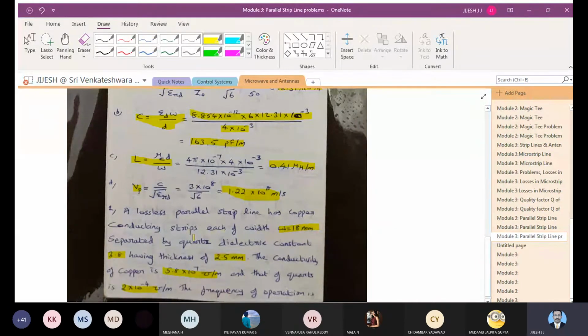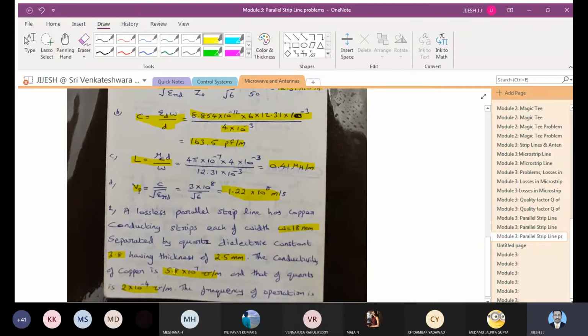A lossless parallel strip line has copper conducting strips, each of width W equal to 18 mm, separated by quartz of dielectric constant 3.8, having a thickness of 2.5 mm.